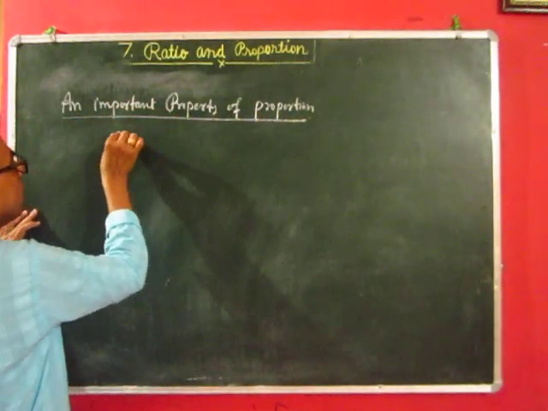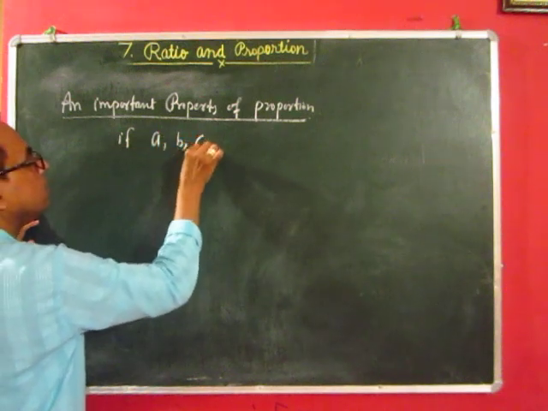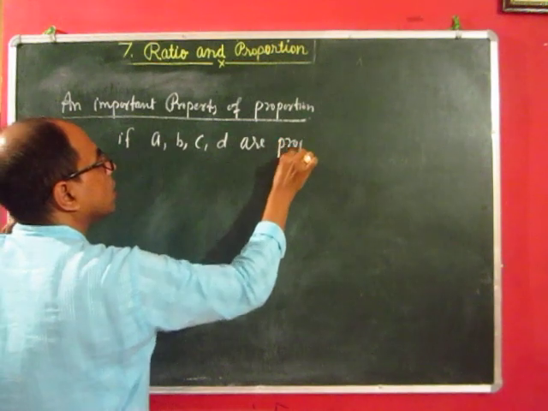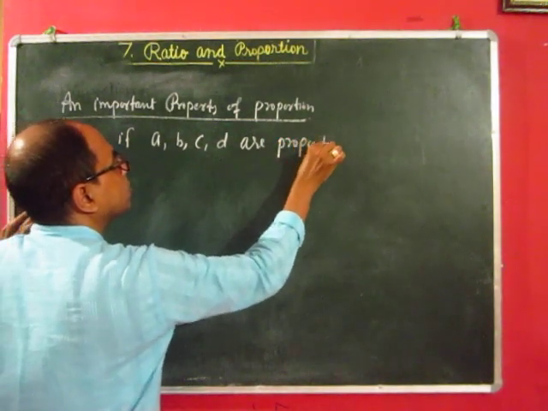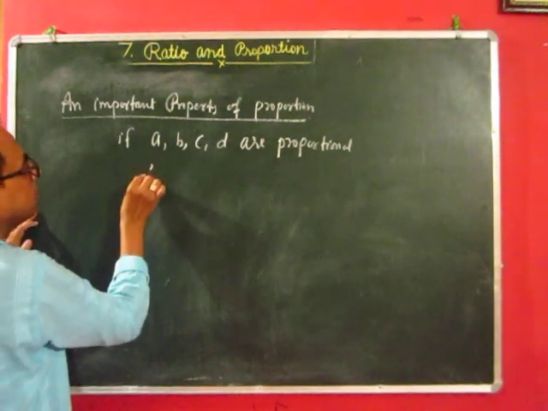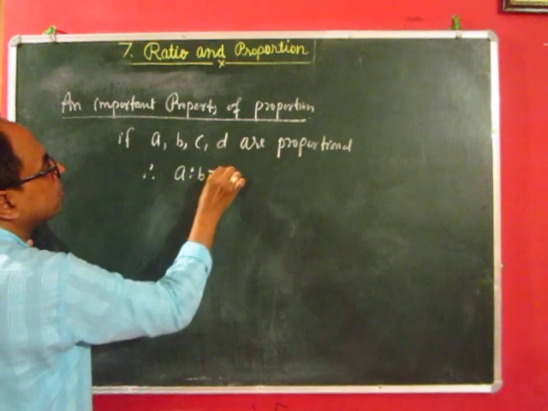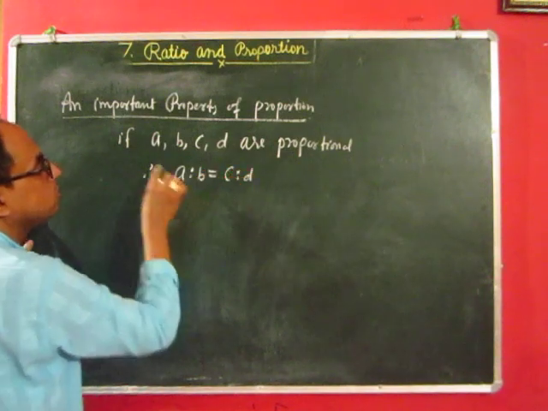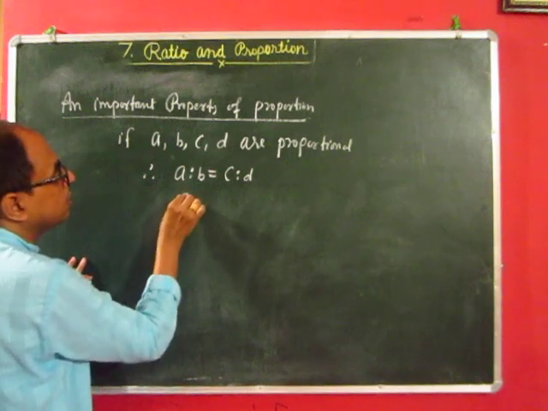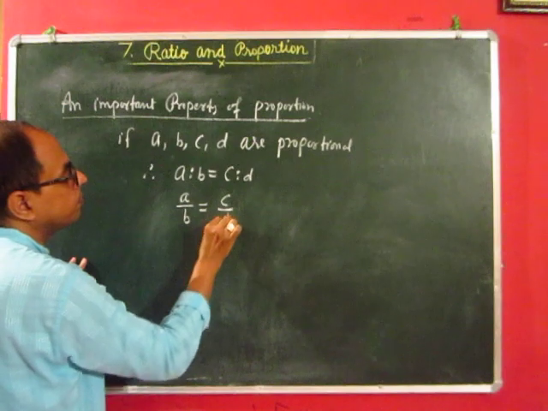Now, if A, B, C, D are proportional, it means ratio of A is to B is equal to ratio of C is to D. Ratio of first two is equal to ratio of last two numbers. So it can be written as A by B is equal to C by D.